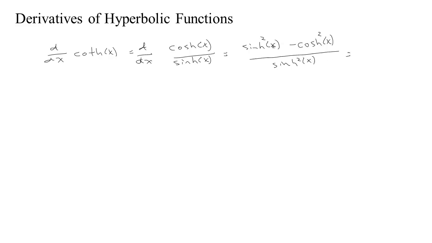Well, the cosine squared minus the sine squared is 1, so if you do it the opposite way, sine squared minus cosine squared, you'll get negative 1, so we get negative 1 over sine squared. Of course, 1 over the sine is the cosecant, so we have negative cosecant squared of x.